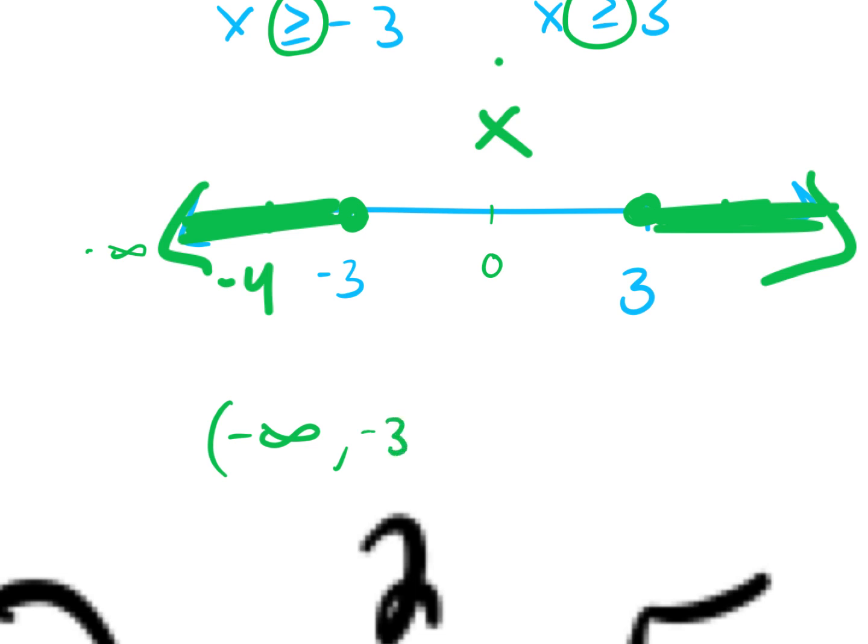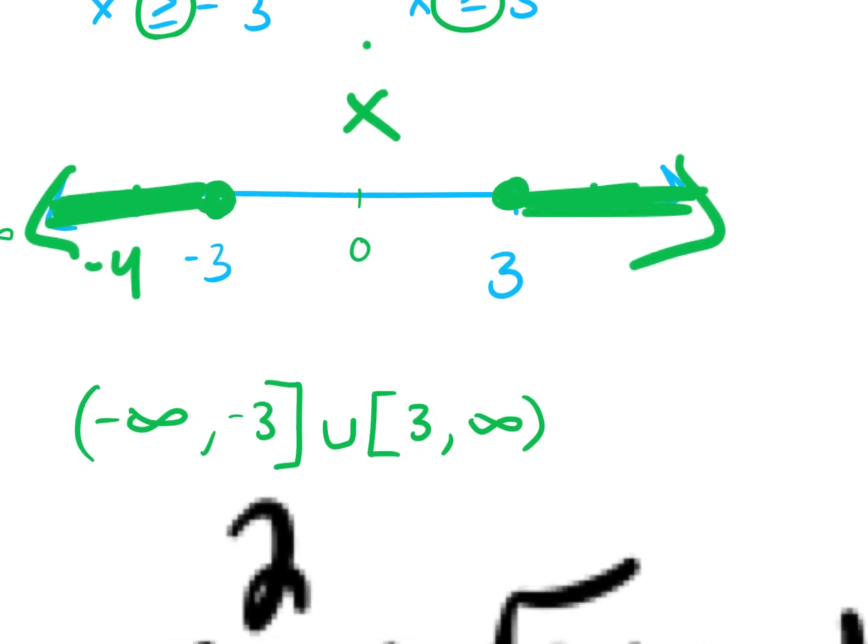Is negative 3 going to get a parentheses or bracket? Bracket, because it's a closed circle. Then we put a U to connect our two. So then we start up again at what point? Bracket 3. And it points to the right forever, so it goes to infinity with a parentheses.